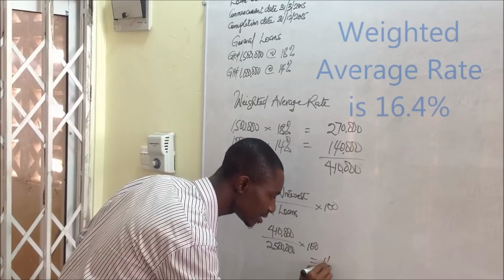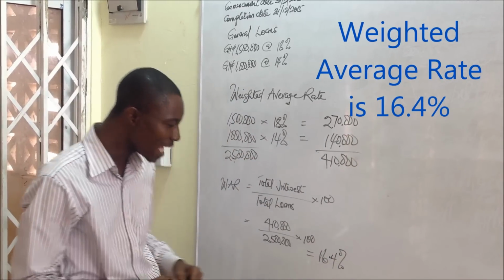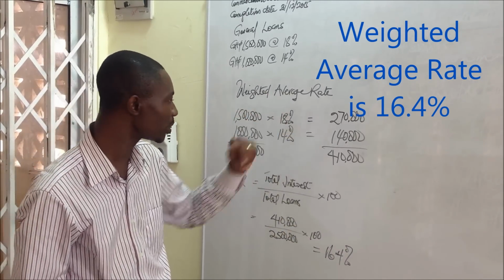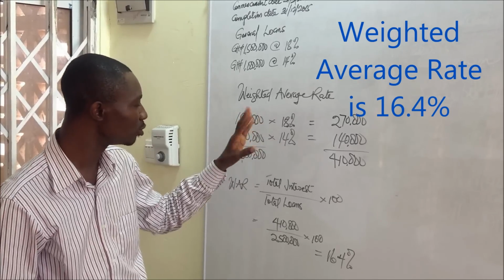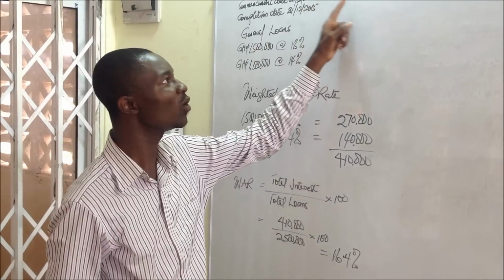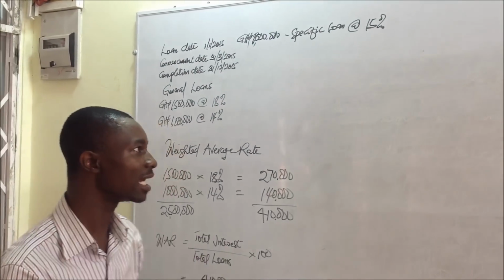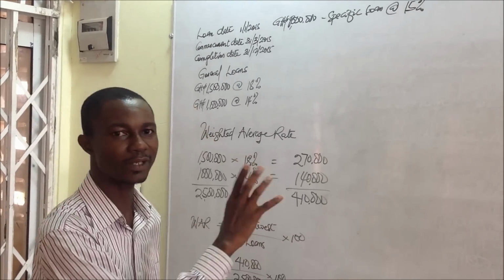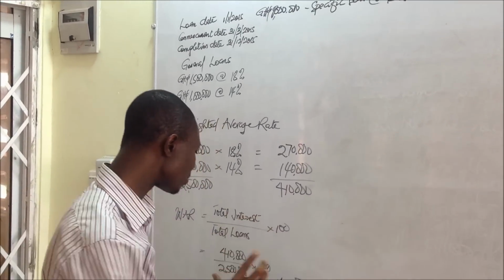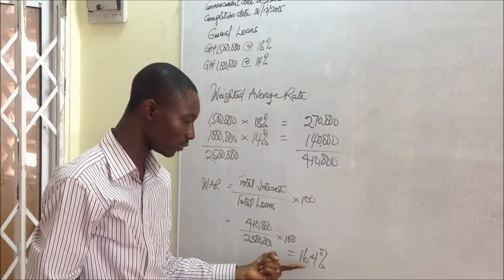And this gives us 16.4%. So the weighted average rates that will be used in applying any funds we would take from the general pool of loans would be at 16.4%. The specific loan is coming at a rate of 15%. So what it means is that if I spend any amount from the specific loan, I'm going to calculate it at a rate of 15%. And if I spend any amount coming from the general pool, I'm going to apply a rate of 16%.